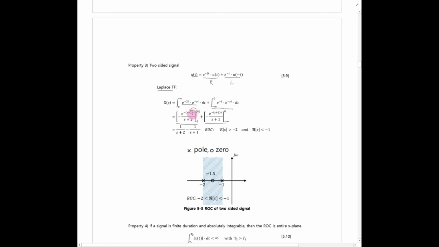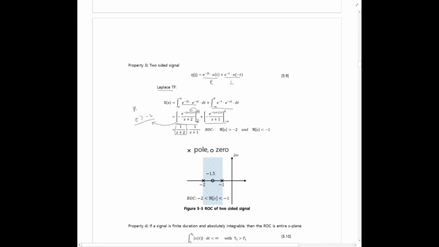To converge this one, for the right-sided signal, sigma should be larger than minus 2. By entering t going to infinity, if sigma is greater than minus 2, then the infinite value goes to 0. By taking the 0 value, it gives 1 over s plus 2.